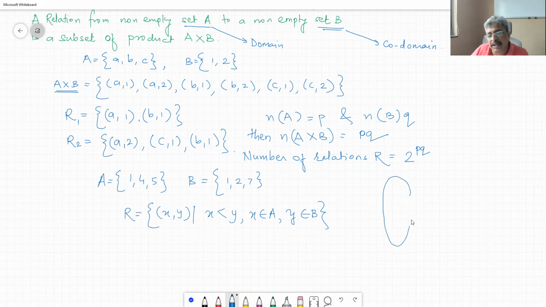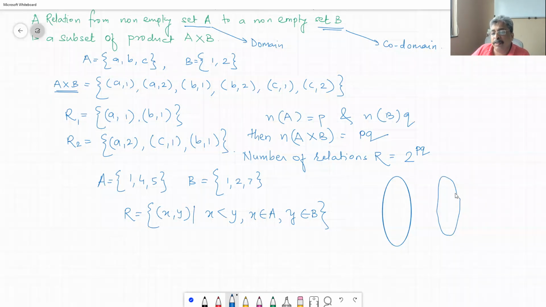So we can always map it using a diagram, domain, codomain. They are supposed to be ellipses.